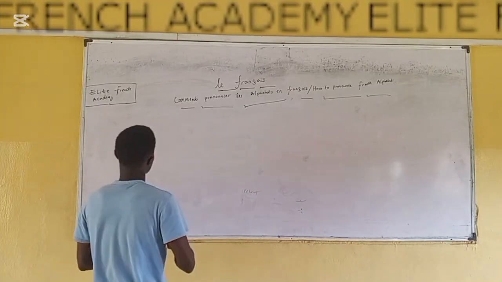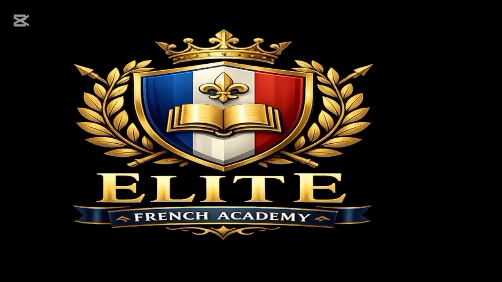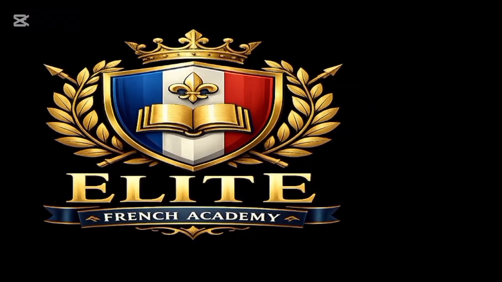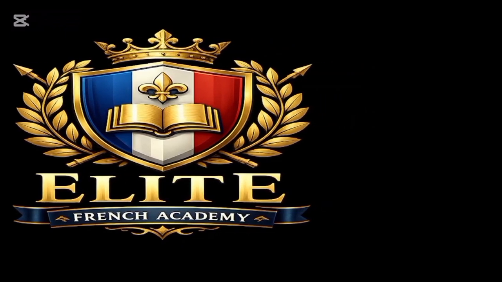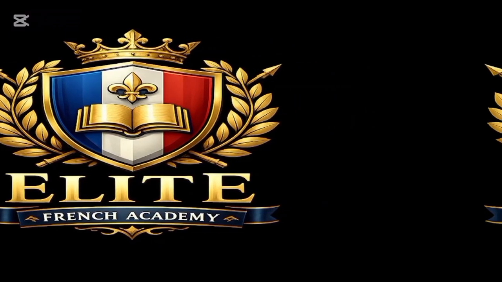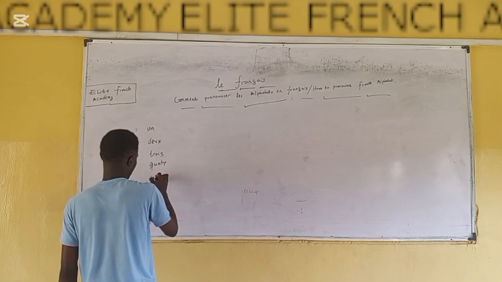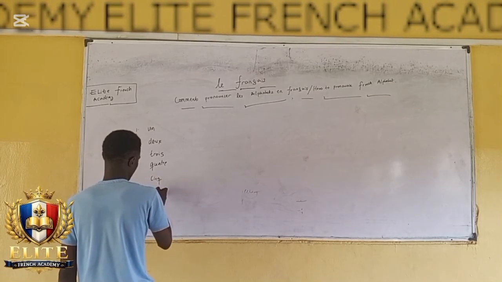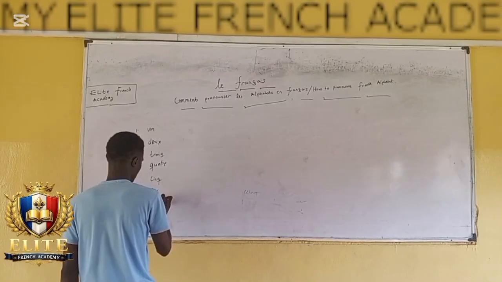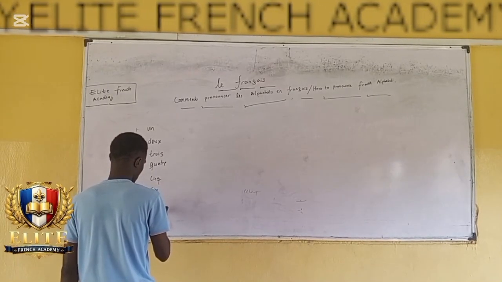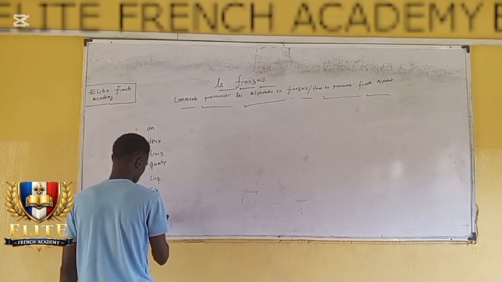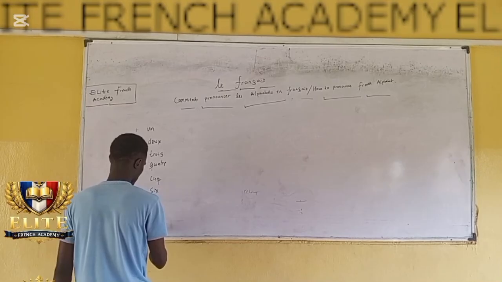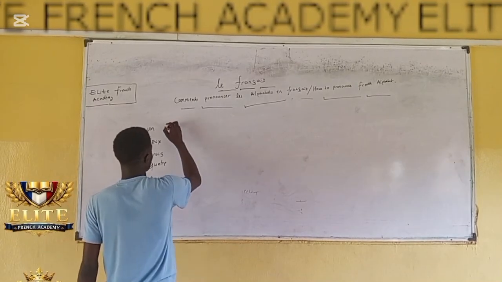So numbers in French, let me write it down. 5, 6, 7, 8, 9, 10.